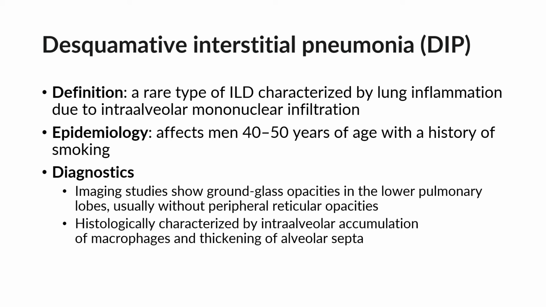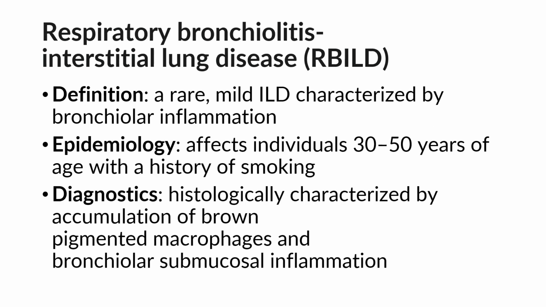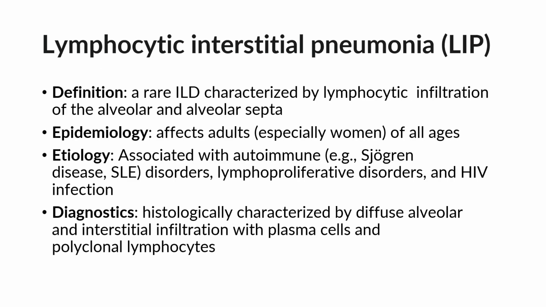Histologically characterized by intraalveolar accumulation of macrophages and thickening of alveolar septa. Respiratory bronchiolitis, interstitial lung disease. It's a rare, mild ILD characterized by bronchiolar inflammation. Affects individuals from 30 to 50 years of age with a history of smoking. Histologically characterized by accumulation of brown pigmented macrophages and bronchiolar submucosal inflammation.